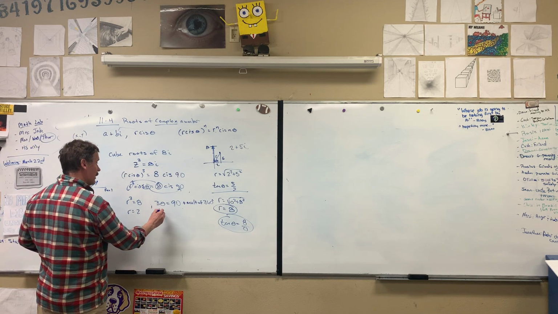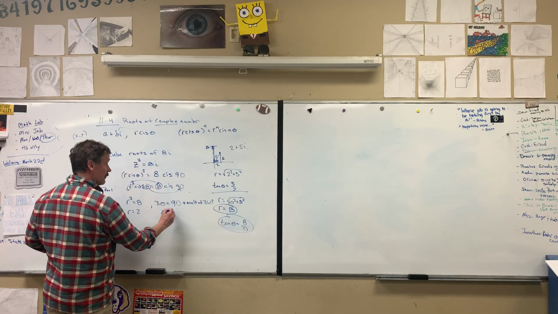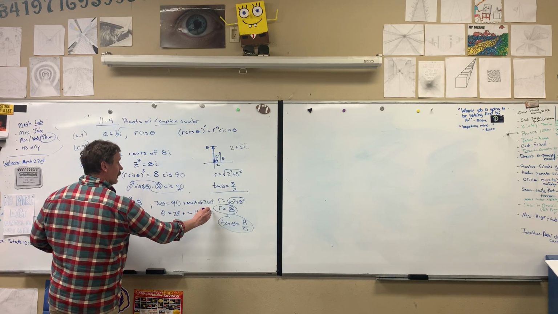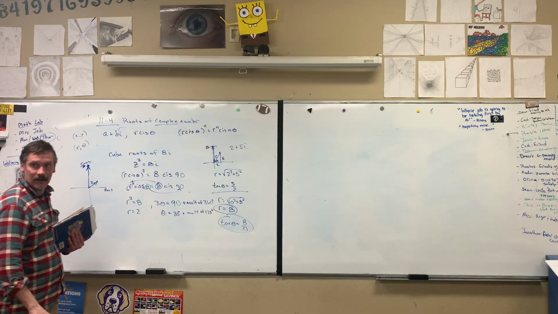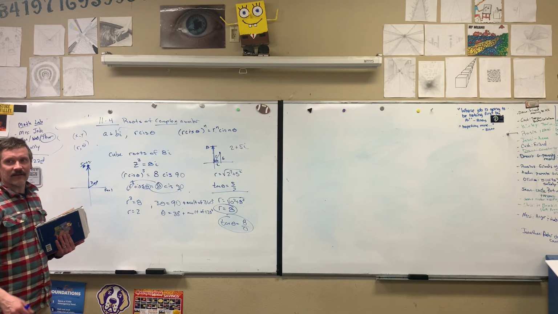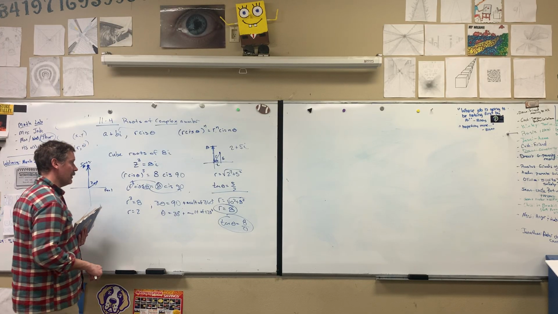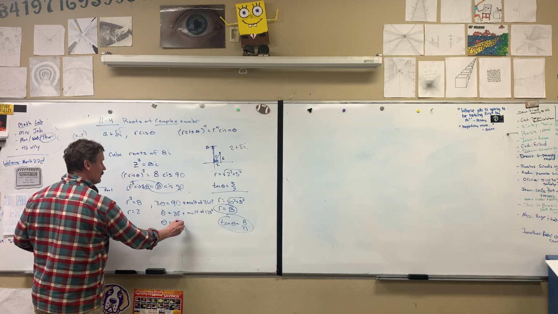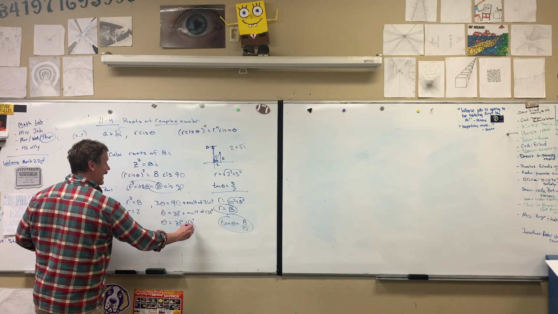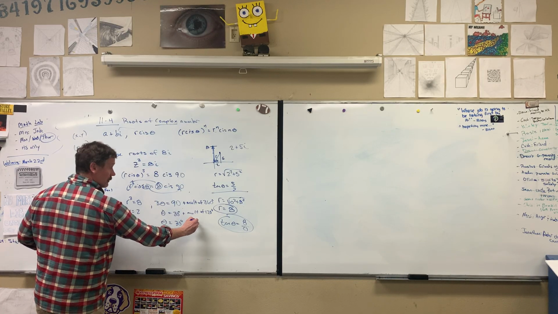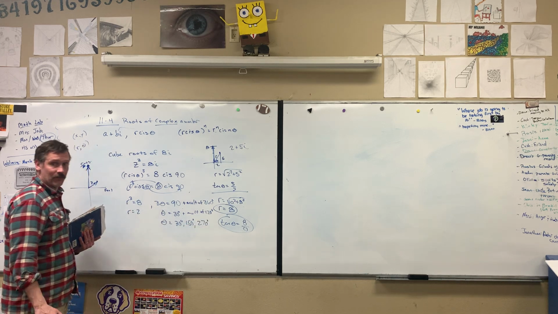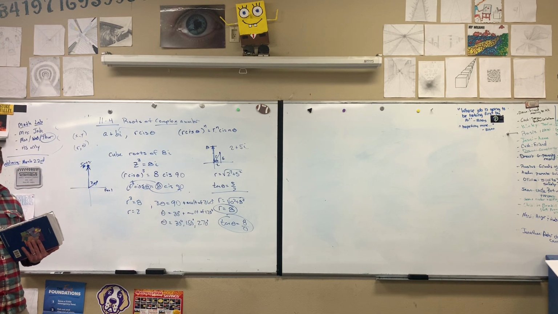Theta is equal to, divide this by 3, so 30 degrees plus multiples of 120, because you divide it by 3. So theta is going to equal 30 degrees, 150 degrees, and 270 degrees, because it's multiples of 120: 0, 120, and 240.